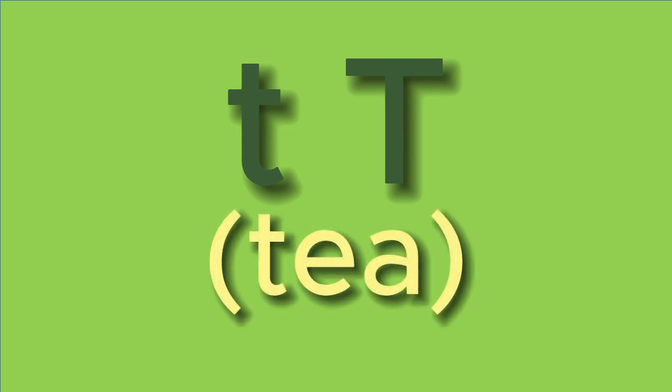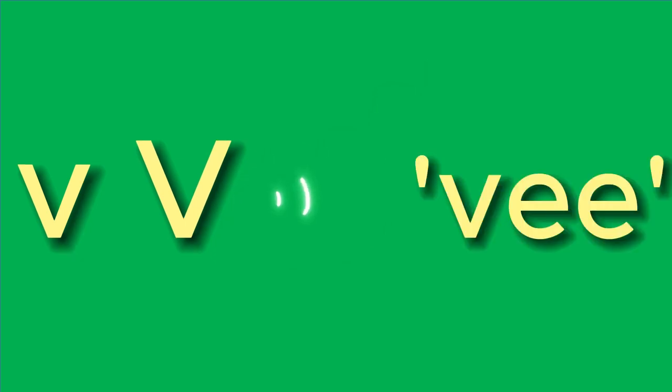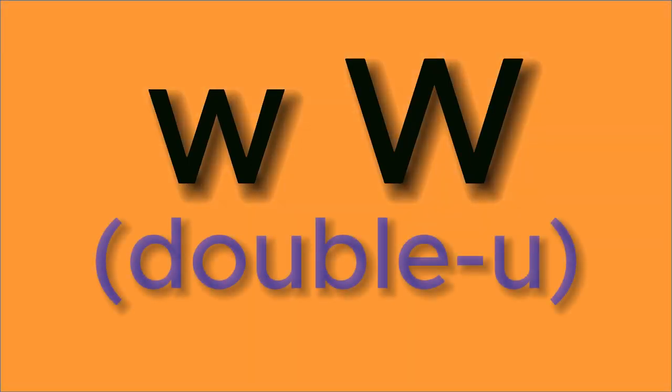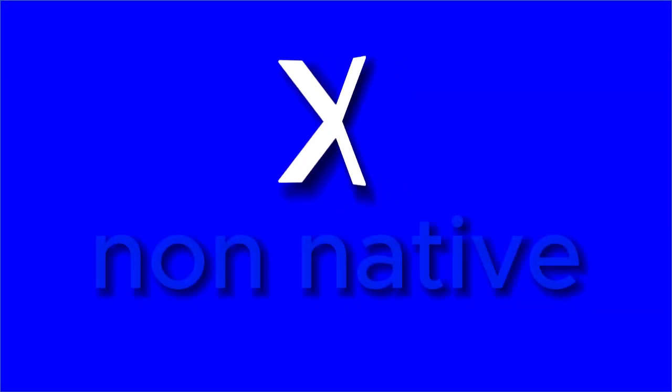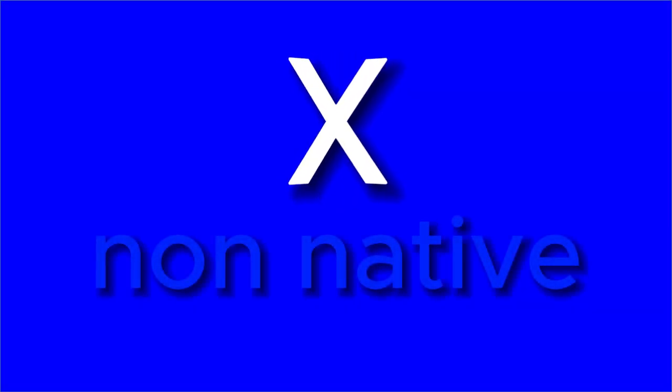S has the hissing sound S. T sounds just like the alphabet itself. V brings the sound V. W has W. The consonant X too is not native to Bahasa Malaysia, but it is a loan. Y has Y. Z is pronounced as Z in Bahasa Malaysia.